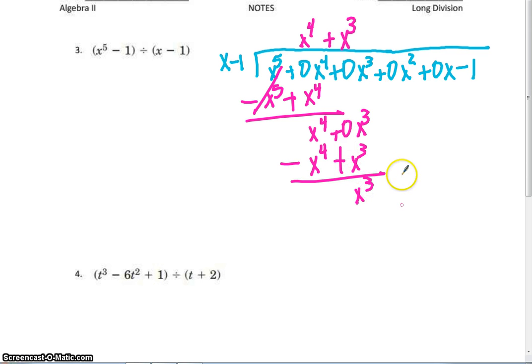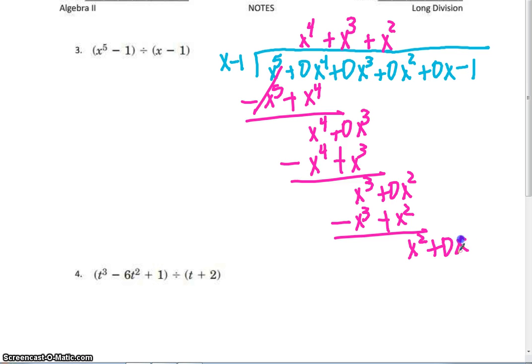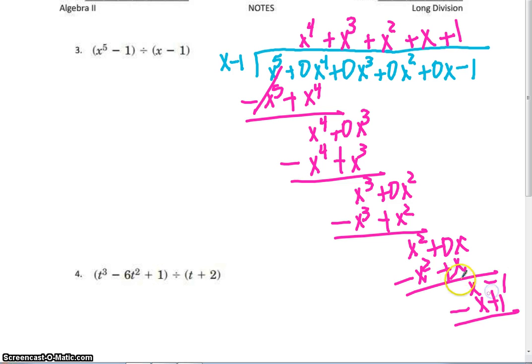X to the 3rd, bring down your plus 0x squared, and you would have plus x squared times x, x to the 3rd, minus x squared, draw a line, change your signs, you have x squared, bring down your plus 0x, do it again, it's going to be plus x, and so you have x squared minus x, draw a line, change your signs, x, bring down your minus 1, it would be plus 1, which gives you x minus 1, draw a line, change your signs, and it all cancels.